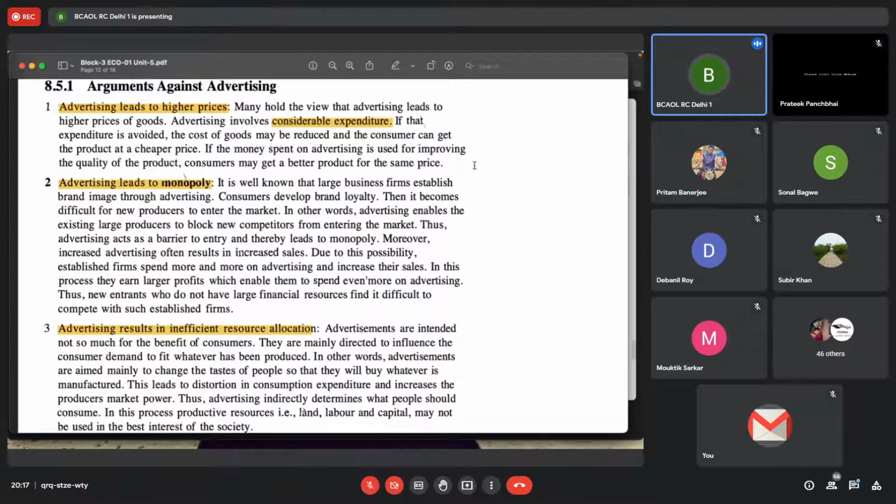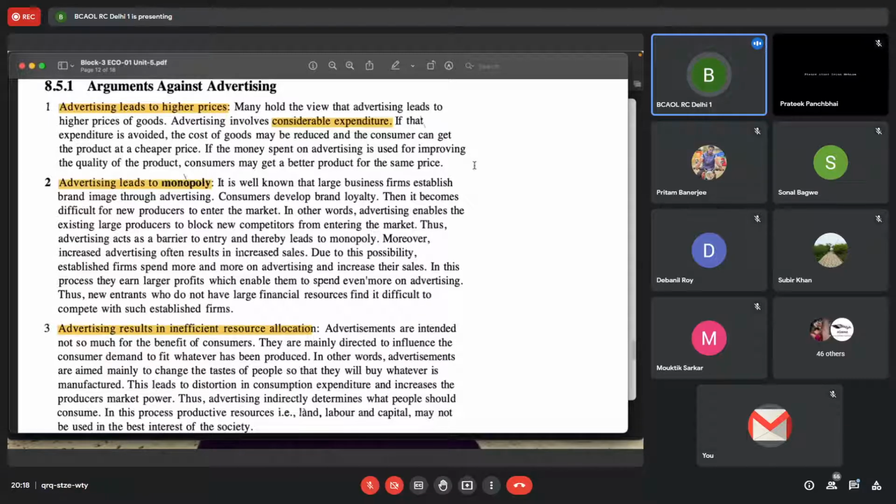That entails money. So they say they are spending so much money for no reason, and it's not good. And when they spend so much, this expenditure on advertisement is indirectly added to the cost of the product, and that leads to higher prices.